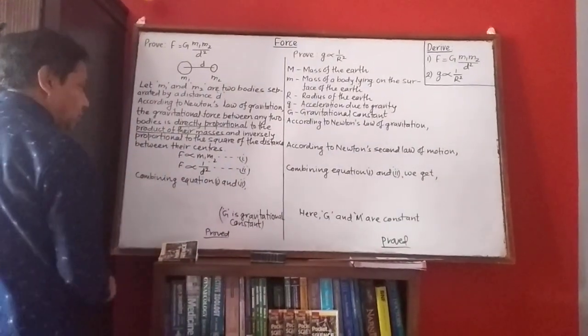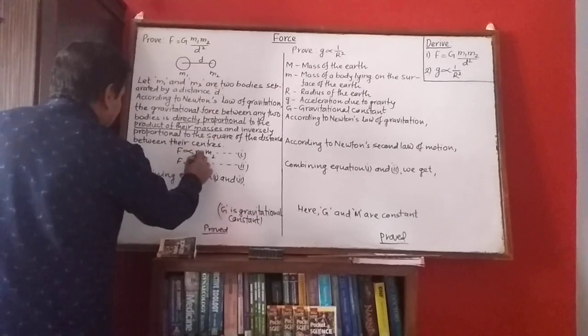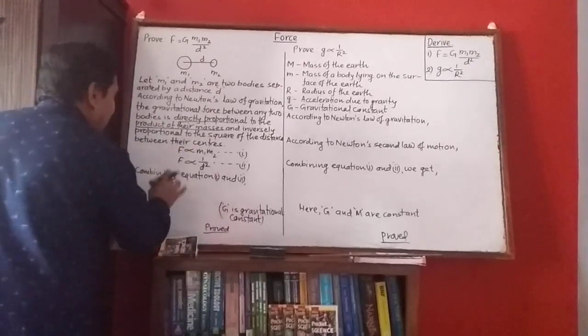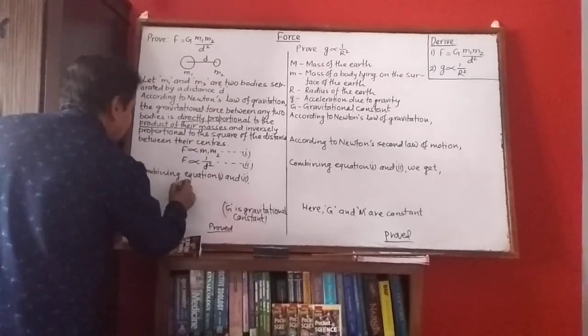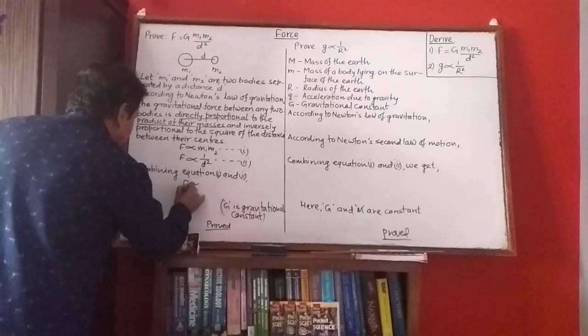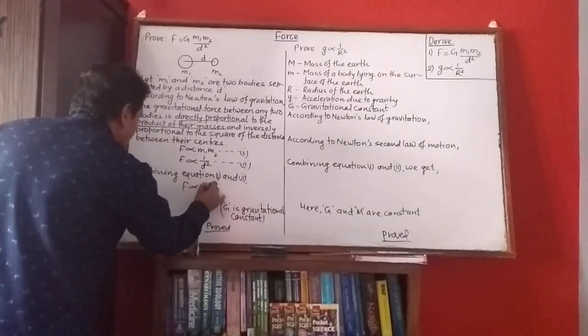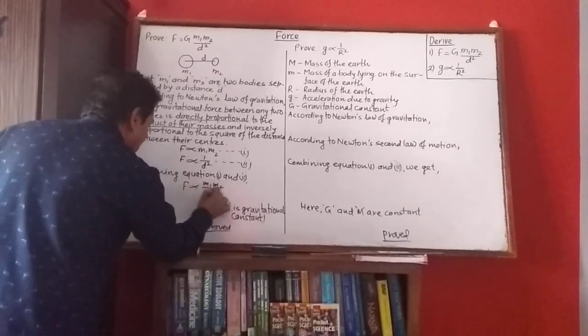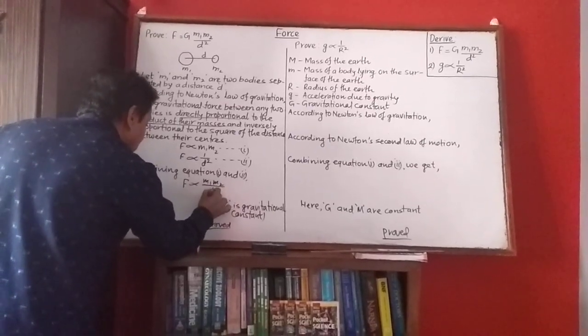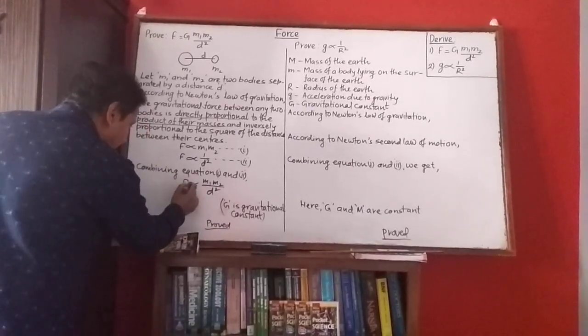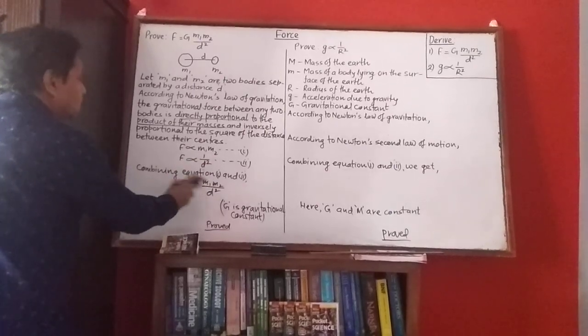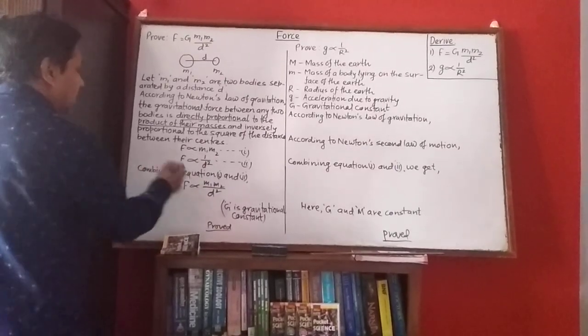Combining equations 1 and 2, what do we get? F is directly proportional to m1, m2, and the same F is inversely proportional to d square. It means F is directly proportional to m1, m2, but inversely proportional to d square. It means if any quantities are proportional to each other, then there must be a constant.